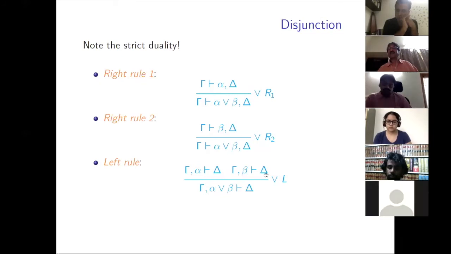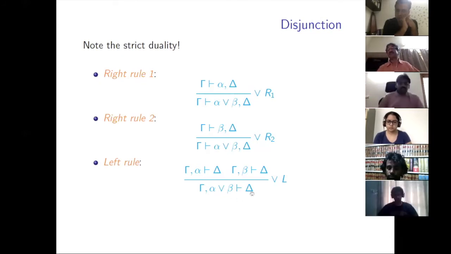Assuming negation alpha, you get something. In all cases, that's a particular case. This is the general case. And here you are only weakening. You've concluded alpha. Of course, you can always conclude alpha or beta. So this is the meaning of disjunction. Is it clear? Any questions about this?